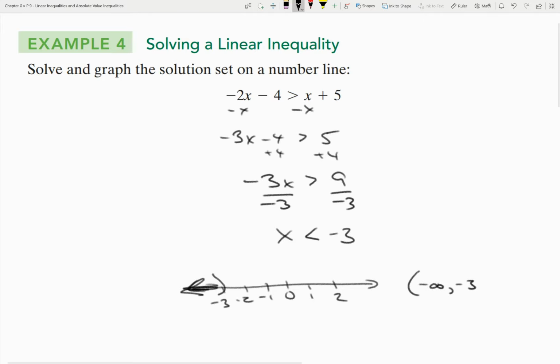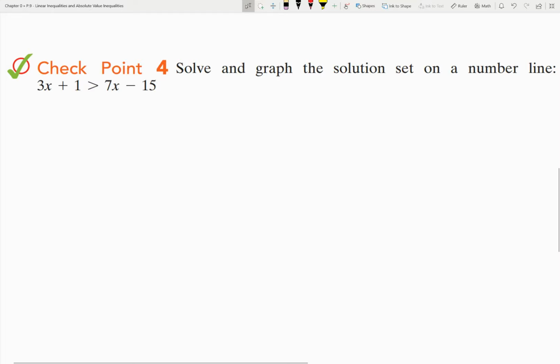Solve and graph. Again, I'm just going to bring everything to the left to keep it nice and easy. So that's -4x plus 1 is greater than -15. Subtract 1, -4x is greater than -16.